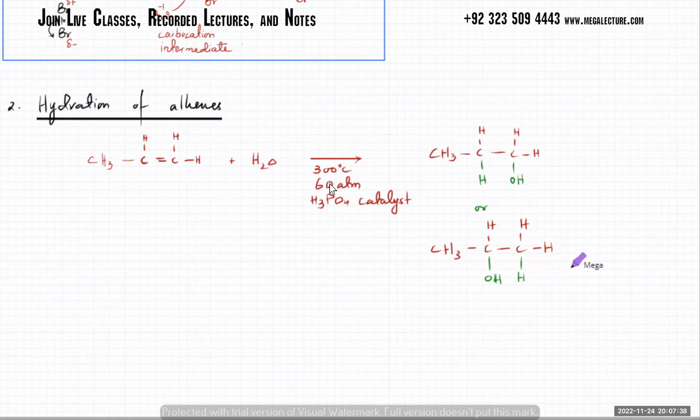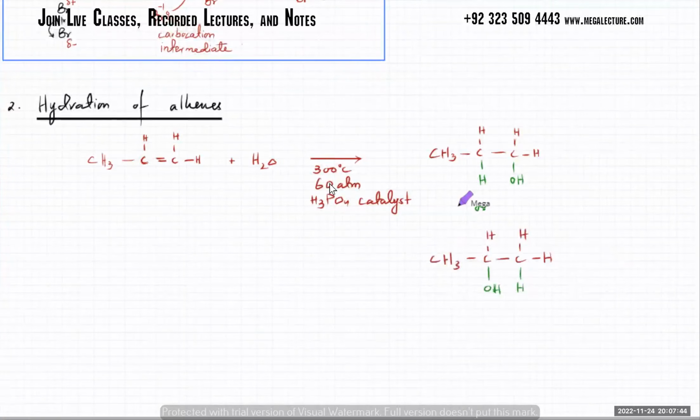Okay, so in either case, you're going to have an alcohol, but there'll be two alcohols. One of them is propan-2-ol, and the other one is propan-1-ol. So you've got two alcohols, propan-1-ol and propan-2-ol.